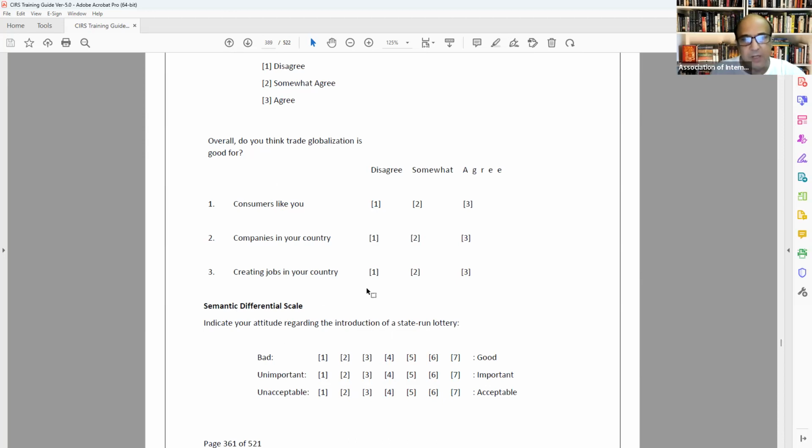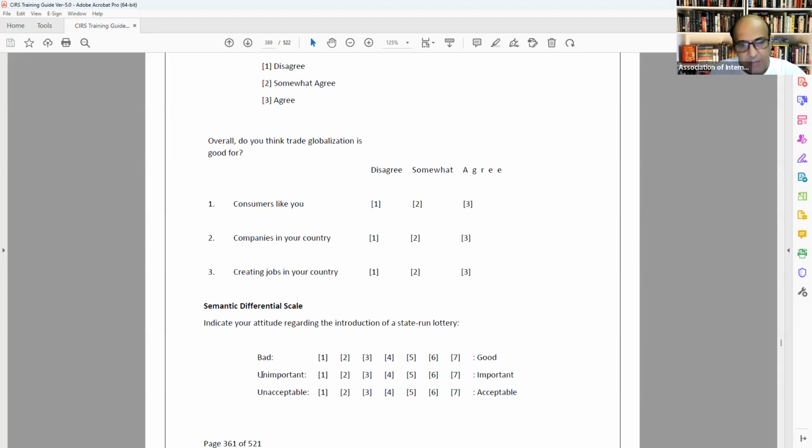So semantic differential versus Likert scale. Semantic differential is a scalable question, or it is on a sliding scale. So if it is bad, it is 1. If it is good, it is number 7. Okay. Unimportant.